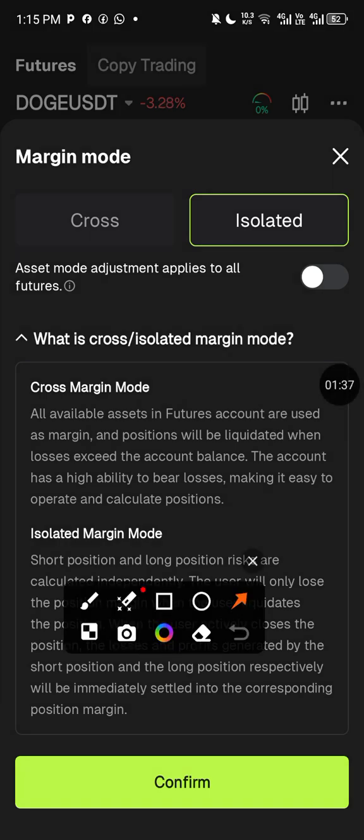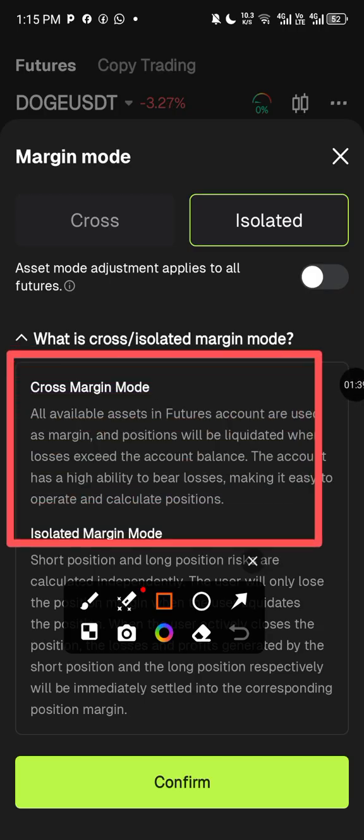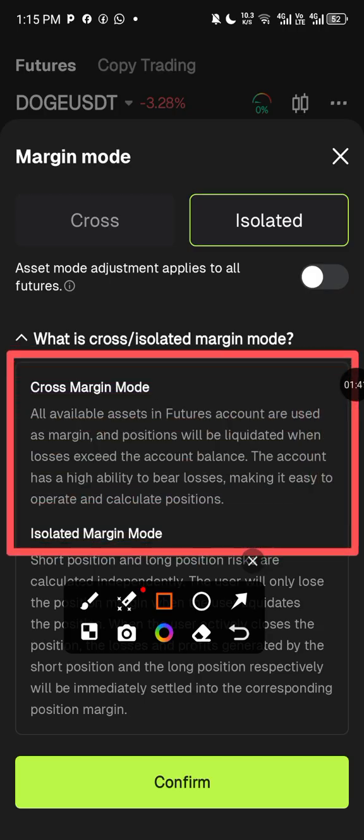I need to highlight this so that you see it yourself. All available assets in futures account are used as margin, okay? And positions will be liquidated when losses exceed the account balance. The account has a high ability to bear losses, making it easy to operate and calculate positions.